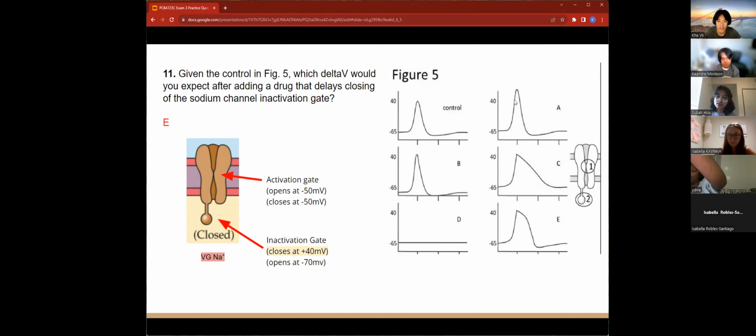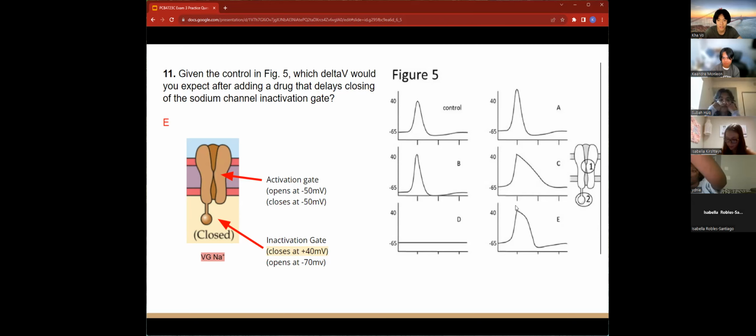And so in reality, it wouldn't actually be able to reach this high because of that fact, and also because we did not change the potassium gate at all. So you would actually see some plateauing here. So basically, the flow of sodium in and the flow of potassium out, they're kind of like fighting each other. So you actually see more of this very sharp curve here. Okay, so that's why we would eliminate choice A.